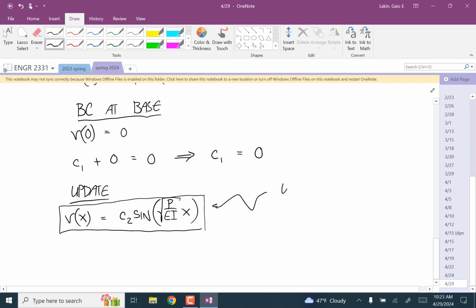So that's the updated solution before we use the boundary conditions away from the base.